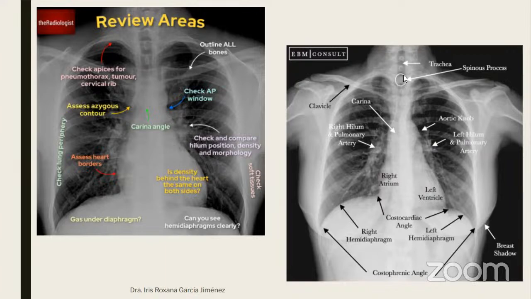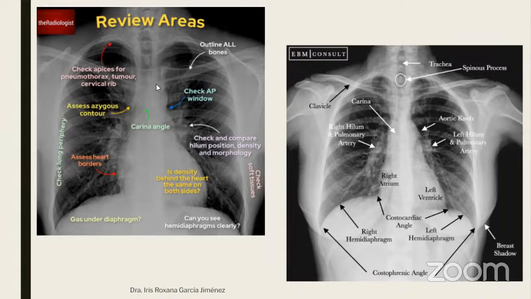These small ones are spinous processes, the aortic knob, the left hilum and pulmonary artery, right atrium, left atrium, the costocardiac angle, the costophrenic angle, right hemidiaphragm, left hemidiaphragm, right hilum and pulmonary artery, the carina. We all know this structure is so important to define where the trachea divides into the two big branches.